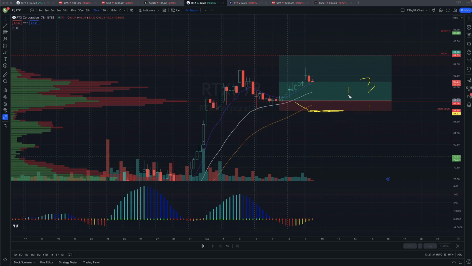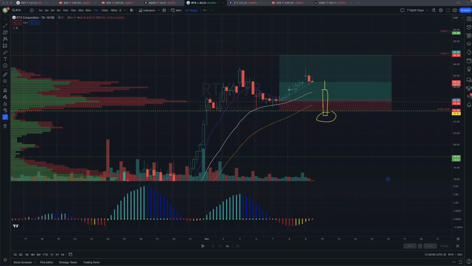So if I get a 30-minute candle that looks like this, that's not a stop out. It spiked through, but that candle didn't close. If I get a 30-minute candle that looks like that, that's a stop out, because it closed below my level.